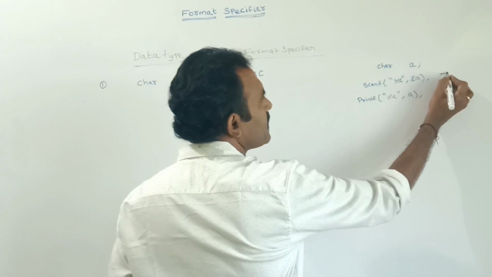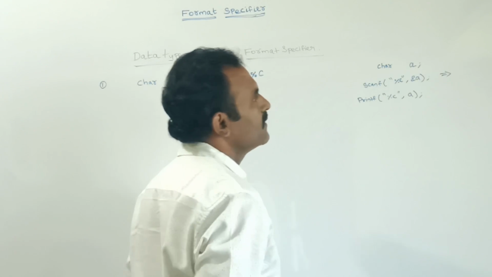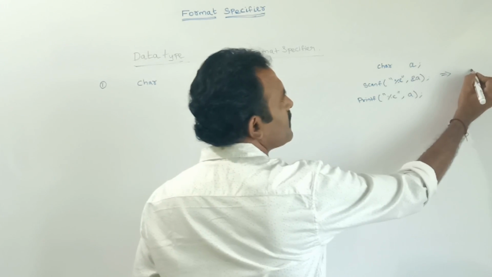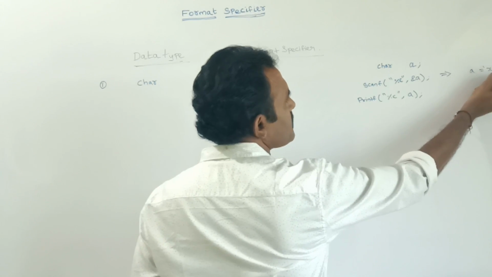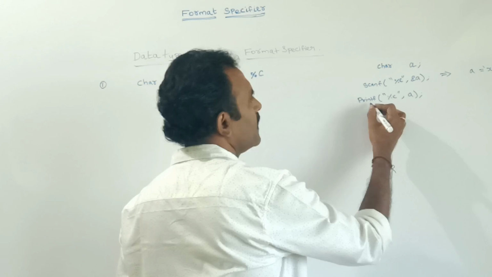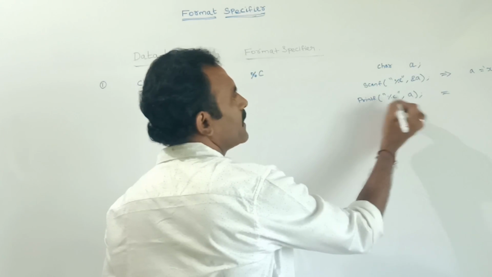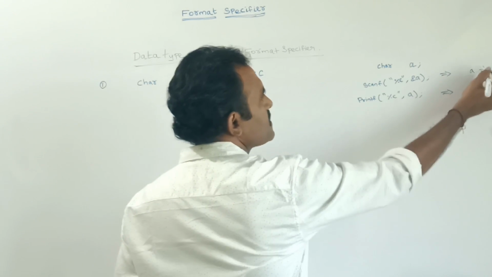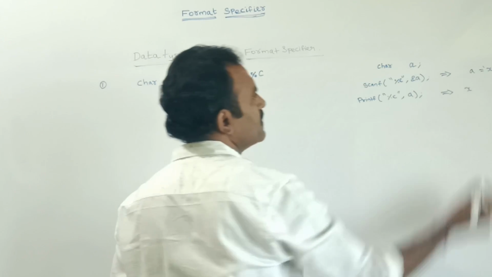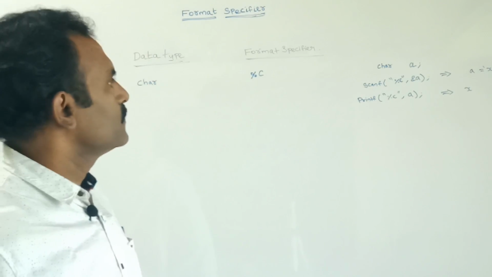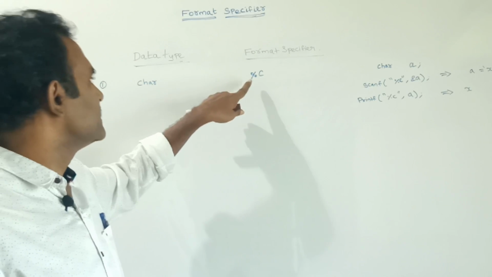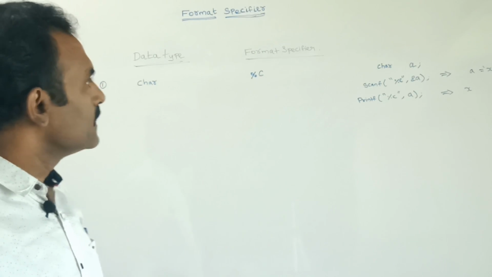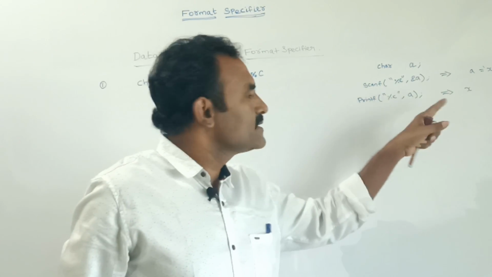Suppose at runtime you give the value x, the variable a will hold the value x. Then I am telling it to print the character from a, and that x will be printed. So for input and output we use %c for a character. This is a single letter.